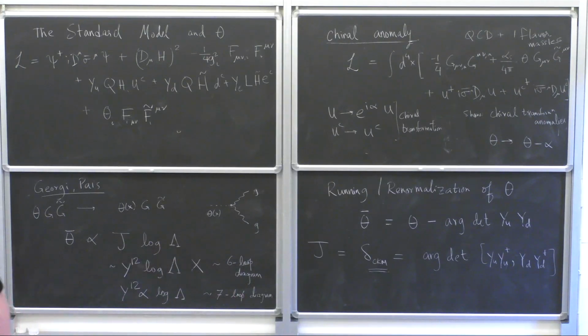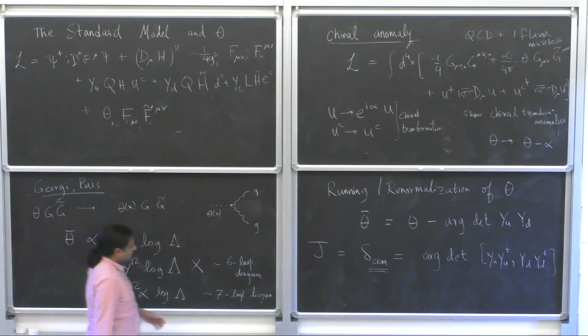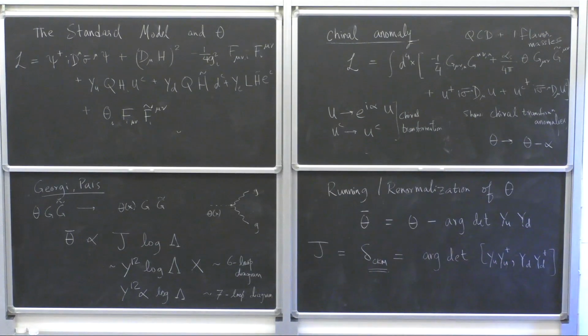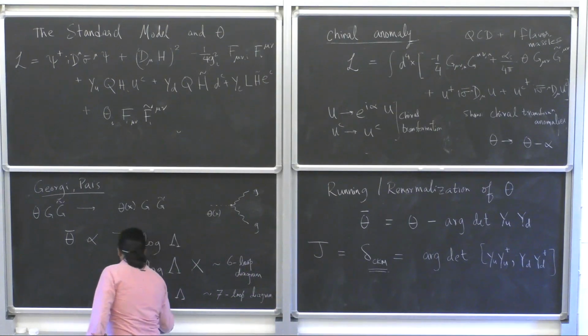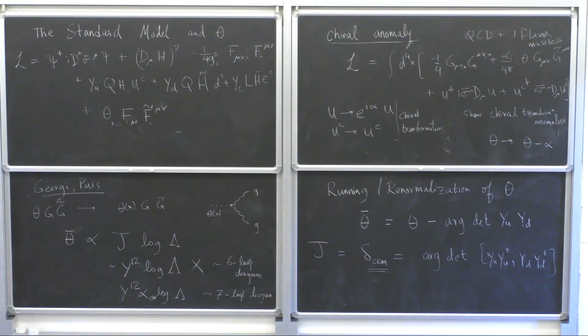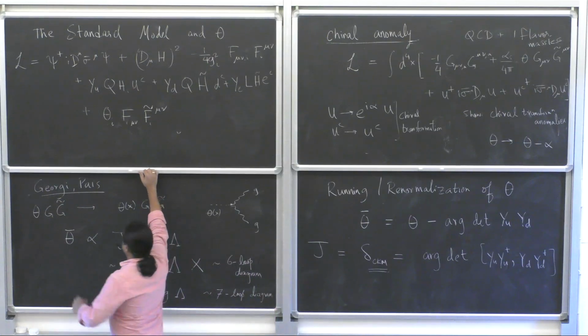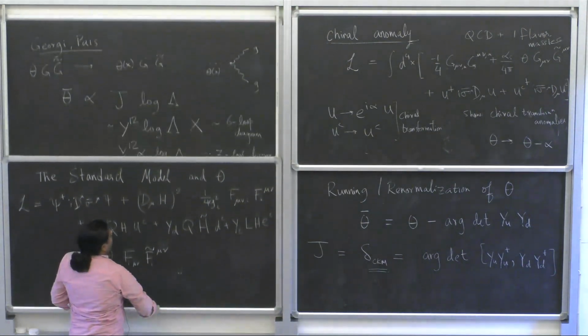So first of all, if you don't have a theta bar to start with, and you ask at what order would I have to renormalize it by a divergent diagram, it would be 7-loop order, which is numerically, even if you take the cutoff to be Planck scale, completely irrelevant for theta bars anywhere close to the constraints on theta bar.